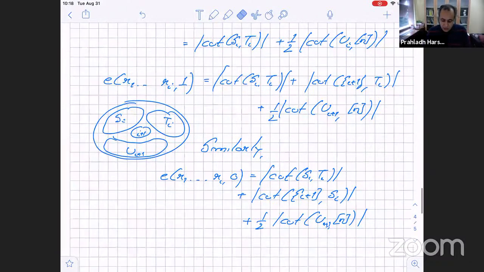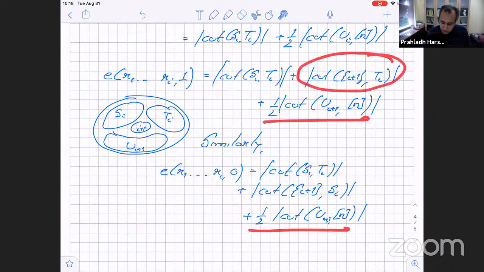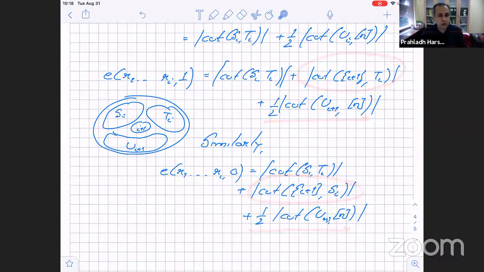And the greater one, notice that two quantities, this quantity and this quantity are the same in both. Same as this and this is the same in both. The only thing that is different is this quantity versus this quantity. So all that you need to do at the I plus first vertex is just determine, should I put it into the cut or out of the cut?